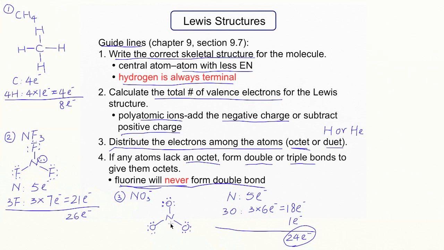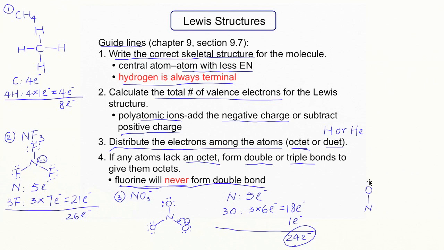What should we do in this case? Remember, if an atom lacks an octet and you don't have any extra electrons to add to the central atom as a lone pair, like we did in example number 2, then you need to form a double bond. Let me write it here. Let's say this oxygen will share 1 lone pair with the nitrogen. So what we will see is like this.